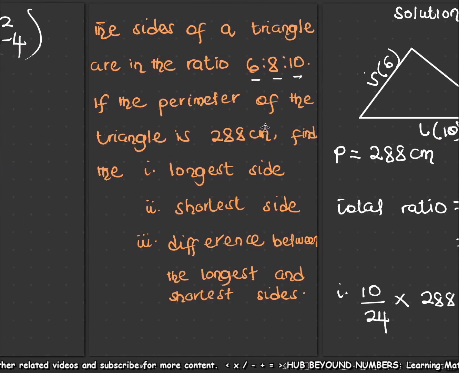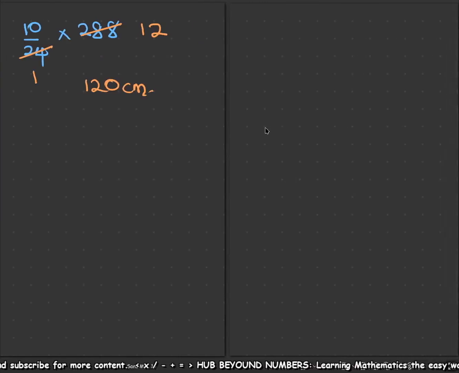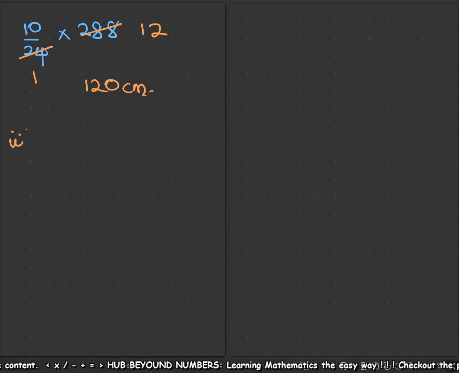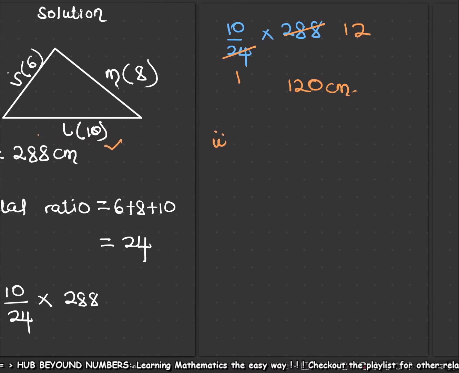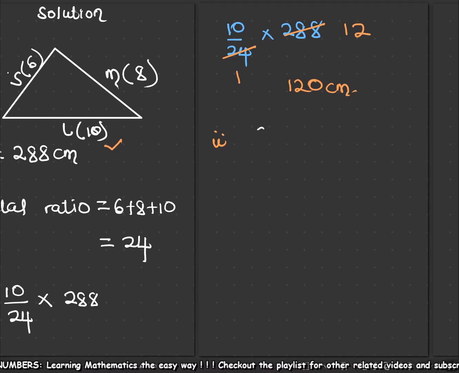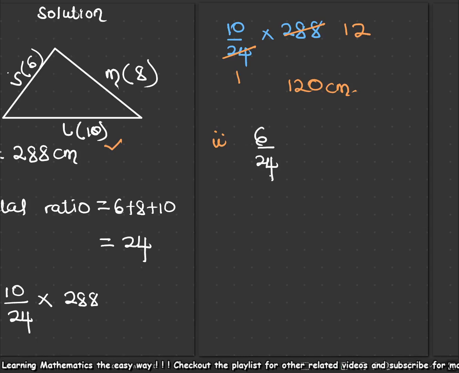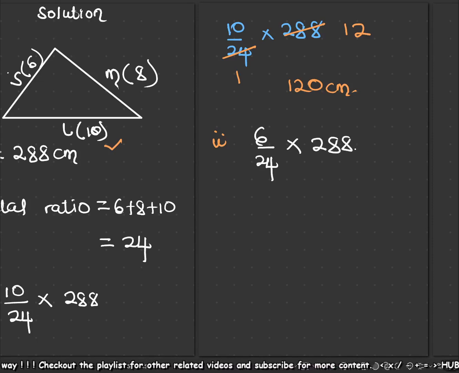The second part says we should calculate the shortest side. So for the shortest side, let's remember its ratio. The ratio of the shortest one was 6, right? So that is going to be 6 over 24 times the perimeter, that is 288.